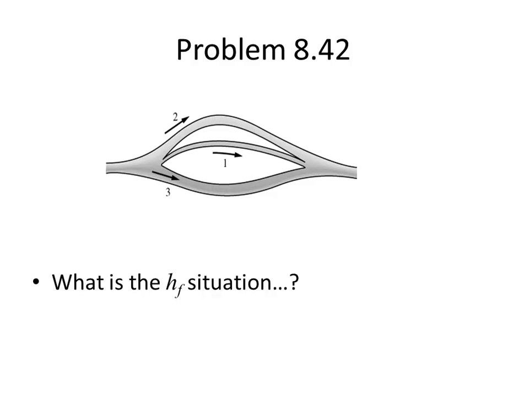And so we could say A1 V1, A2 V2, A3 V3. And then what you're going to do is say V1 as a function of V3, and the same thing here, V2 as a function of V3.